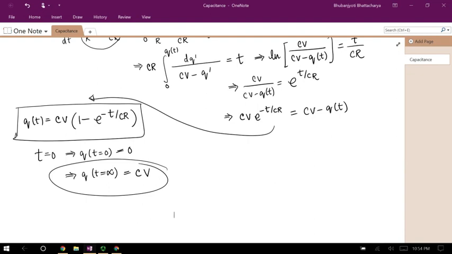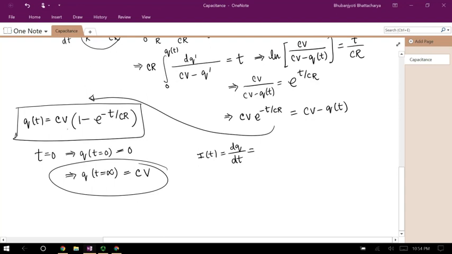Okay, now what about the current? Because we know the charge, we can also find the current. So I as a function of t is equal to dQ/dt, and I can just take derivatives now. The first term's derivative is going to be 0 because it's a constant.